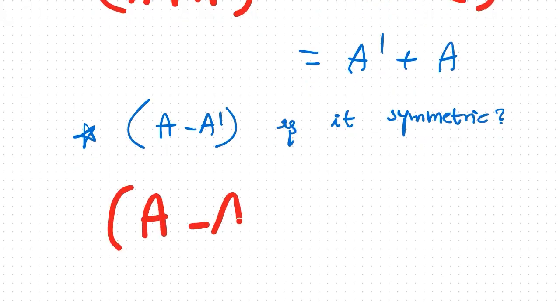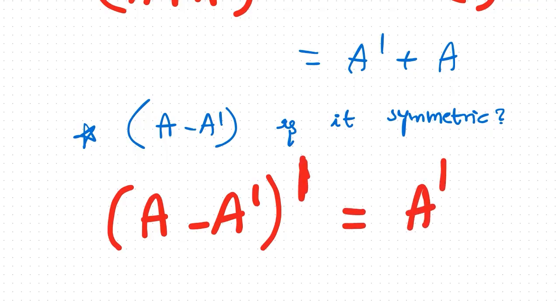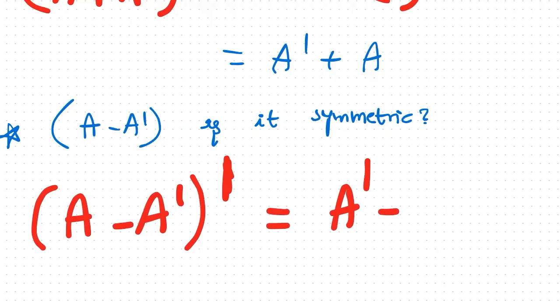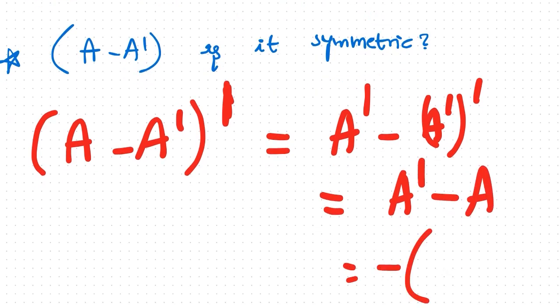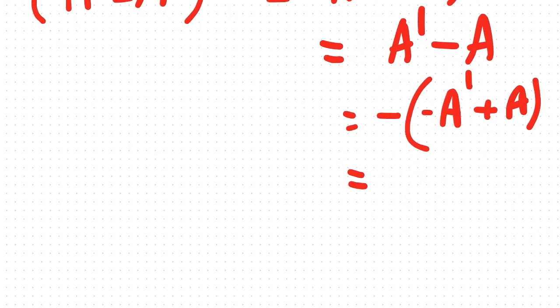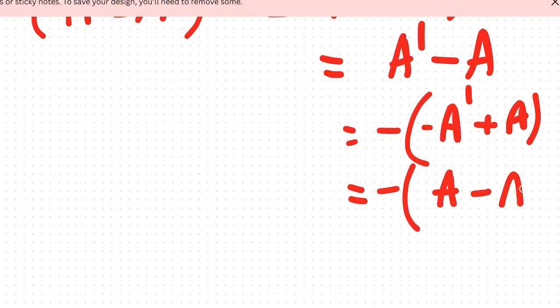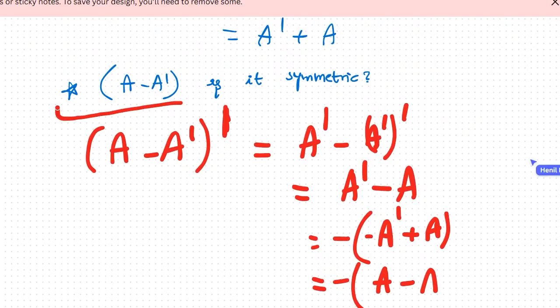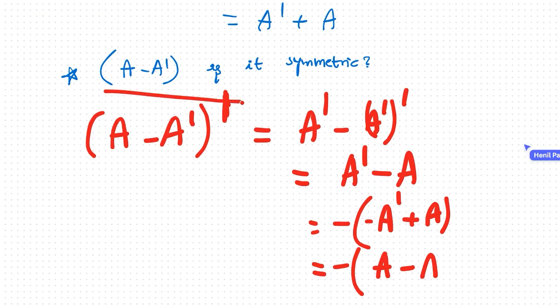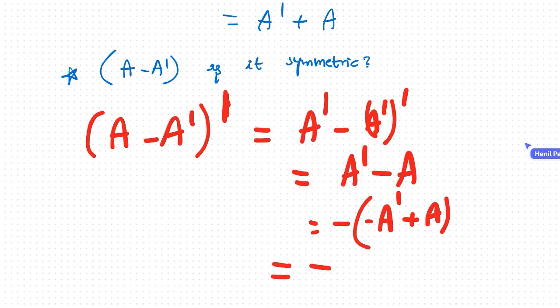If you take the transpose, it's A dash minus A dash dash, so A dash minus A. If you take out minus, it becomes minus A dash plus A. So minus of (A minus A dash) means minus of the original one, the same thing but minus. So it is skew symmetric.